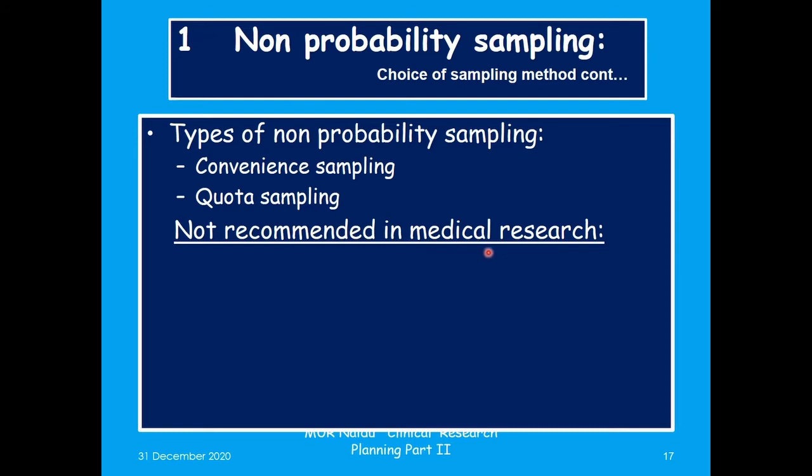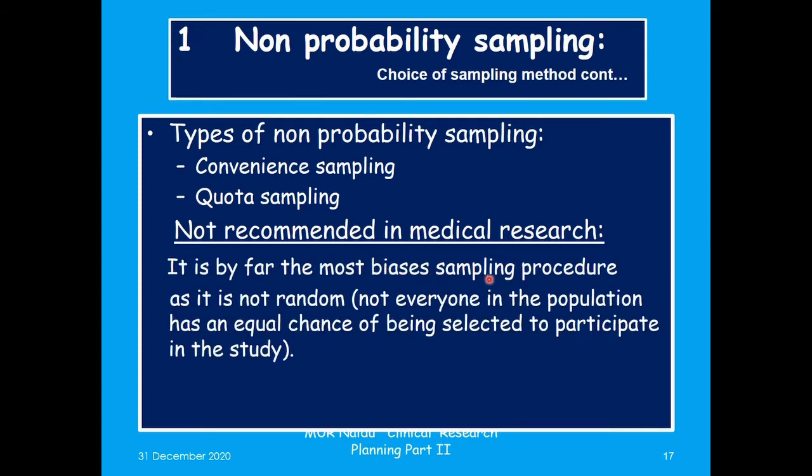It is by far the most biased sampling procedure as it is not random. Not everyone in the population has an equal chance of being selected to participate in the study. So it is not a good choice to have a non-probability sampling system in good clinical research.